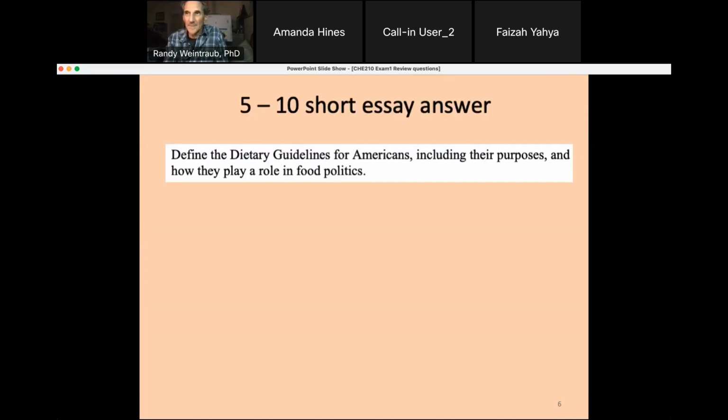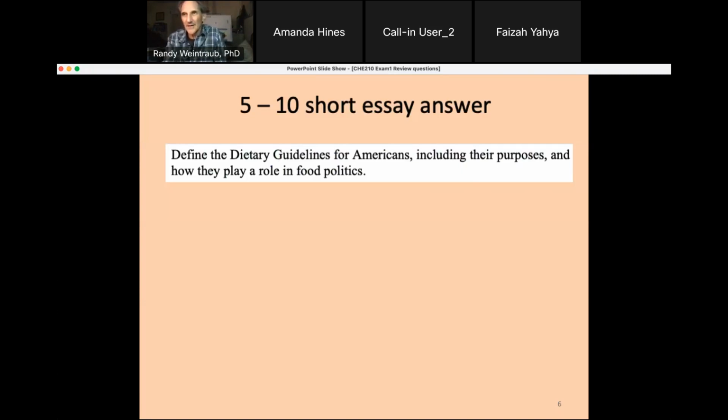So, the idea of short answer, short essay, or you could call it free response questions, really comes from the goals or objectives of each of the chapters. And that's where they may come from.